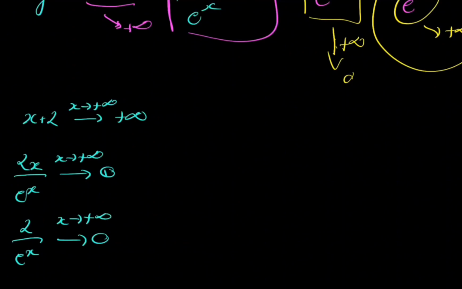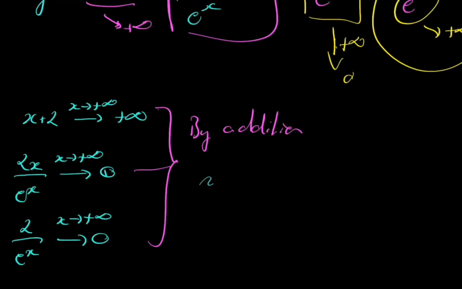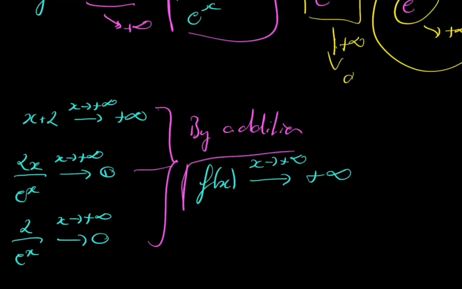And so, by addition, we've got f of x that tends to plus the infinity when x tends to plus the infinity. So that is the first part of the question.